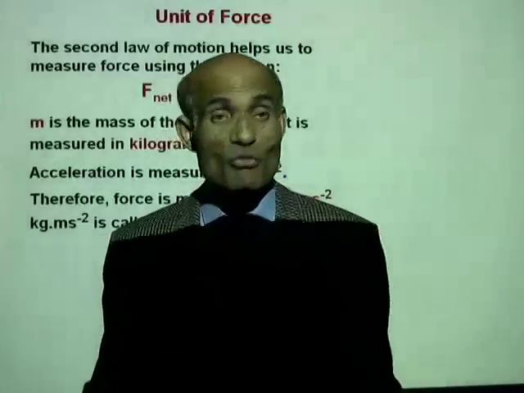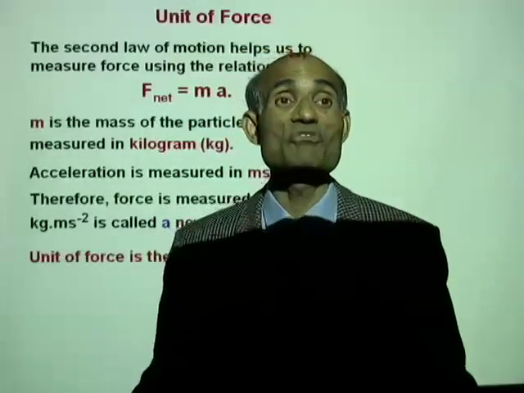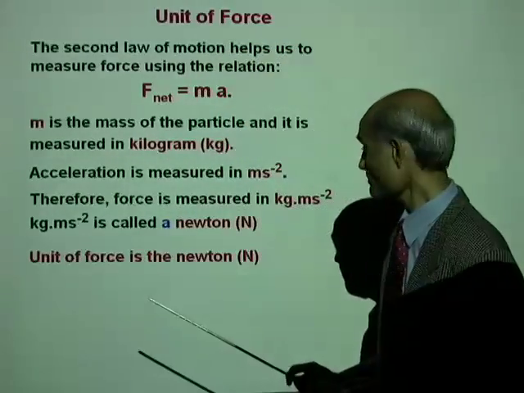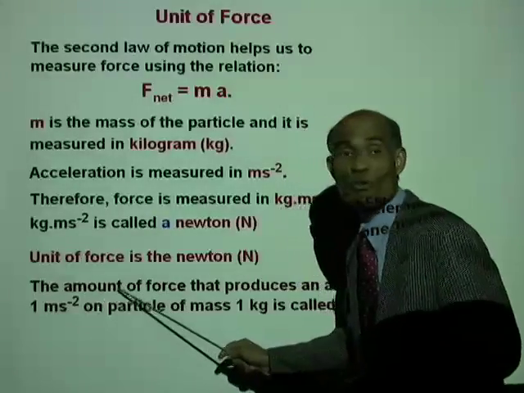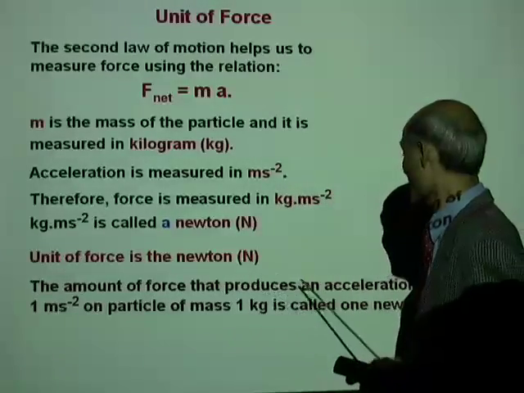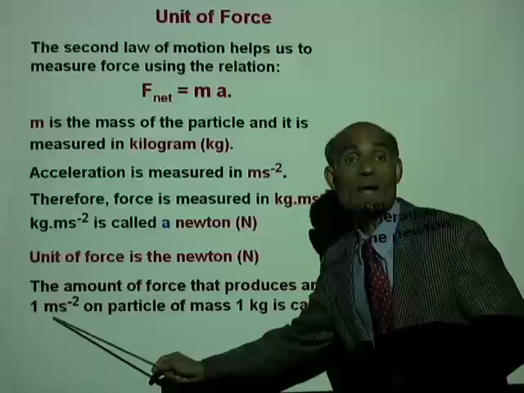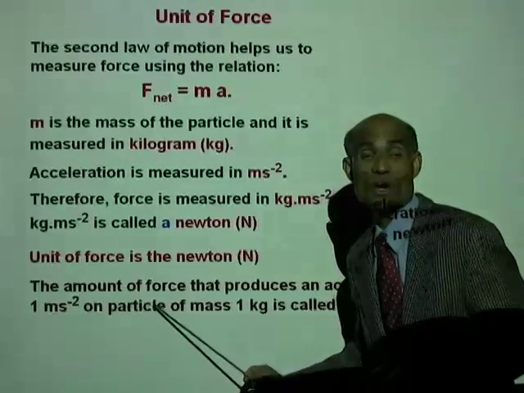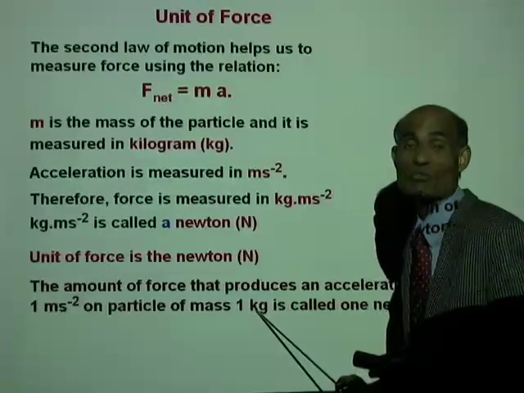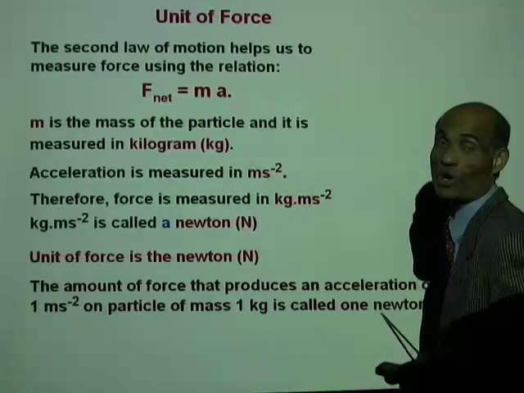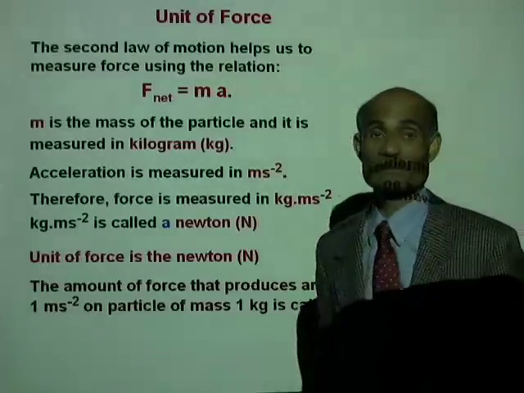So the unit for measuring force is a Newton. Now, the amount of force that produces an acceleration of 1 meter per second squared on a particle of mass 1 kilogram is called 1 Newton.